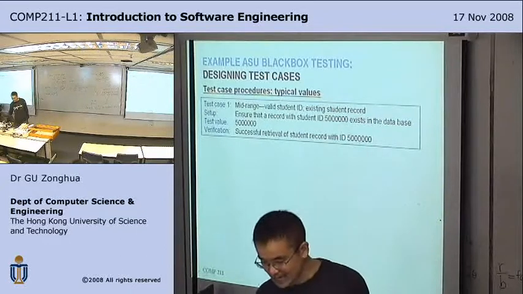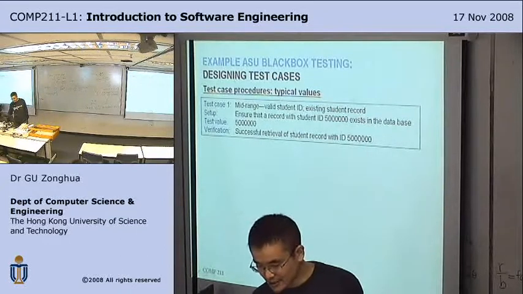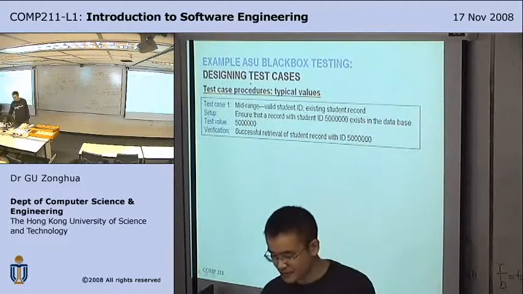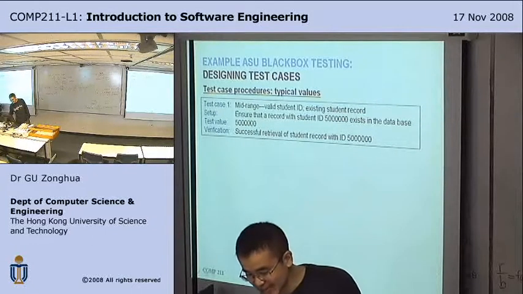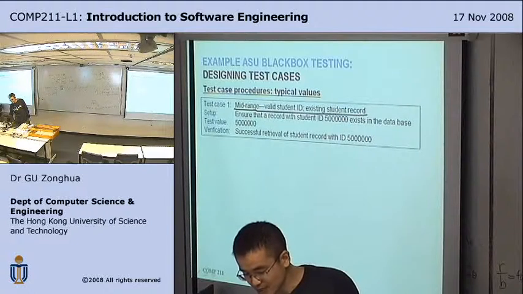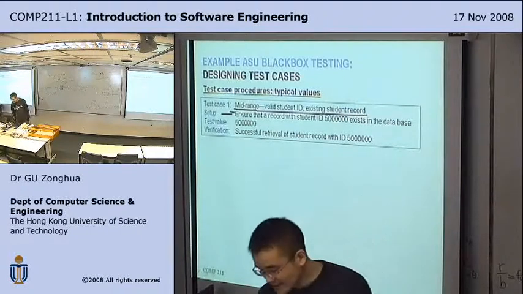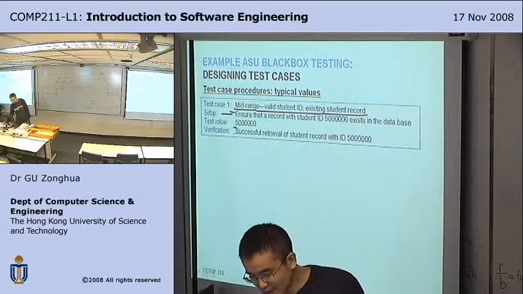Then the test cases are the actual procedures for doing the testing. So you have a test case name called mid-range, dash, valid student ID existing student record, and the setup is to ensure that the record with student ID 5 million exists in the database. Test value is 5 million.